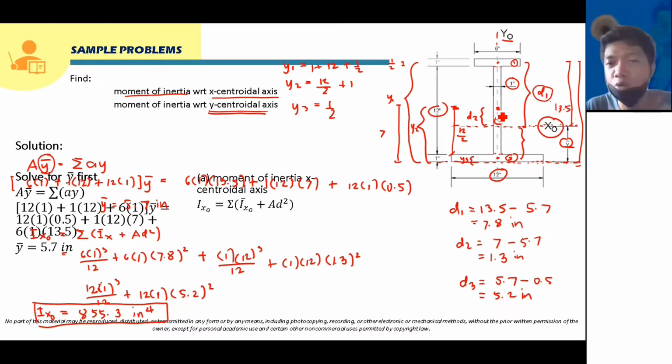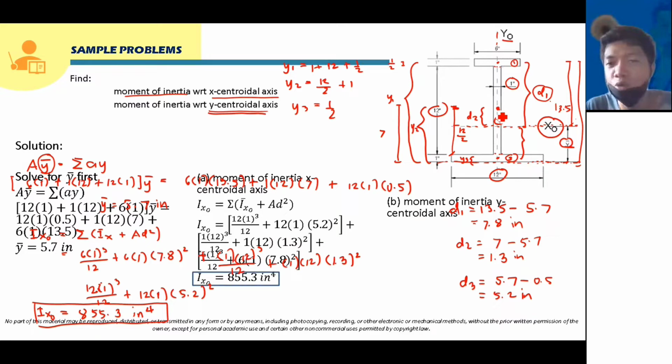Class, do you get what I'm saying? I won't show that so that we can proceed. For the y centroidal moment of inertia, no need to include the transfer term. Here I still showed the transfer terms, but as you can see, the distances will just be 0, so the whole transfer term is 0.